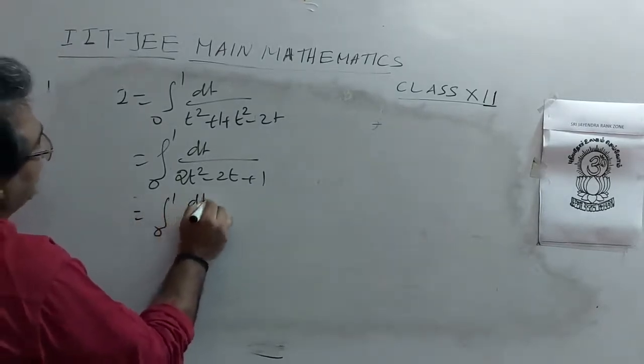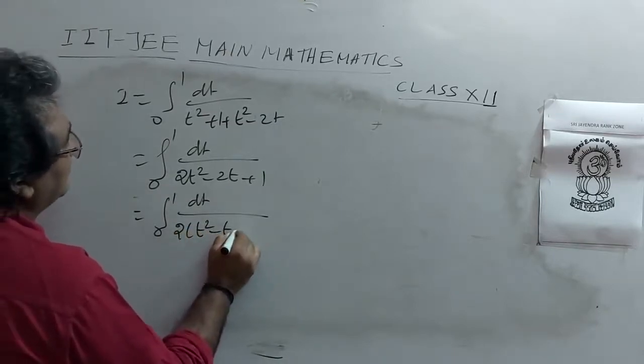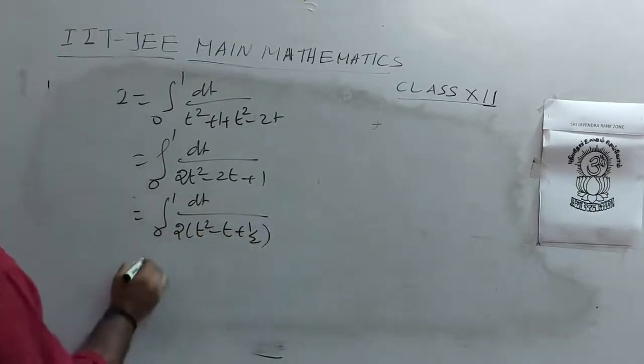That is integral 0 to 1 dt by 2 into t squared minus t plus 1 by 2.